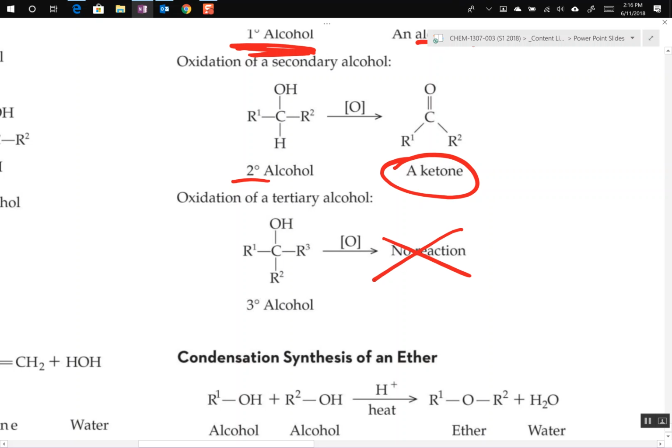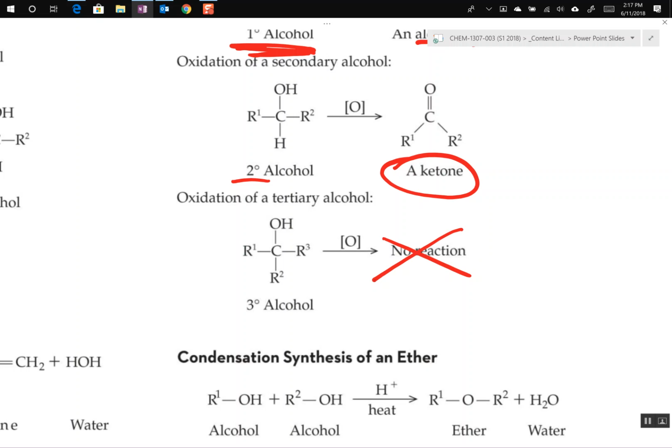They cannot be oxidized, so you can't form anything there. Because essentially, those R groups are all carbons.